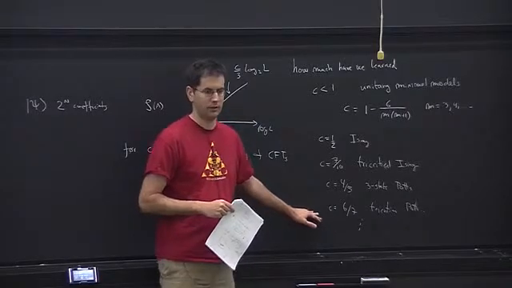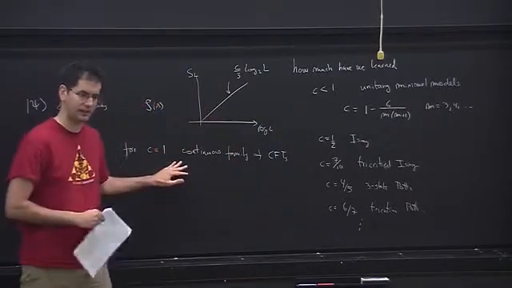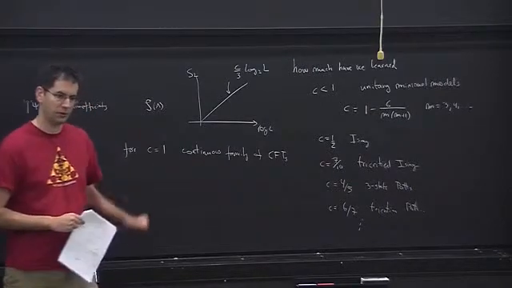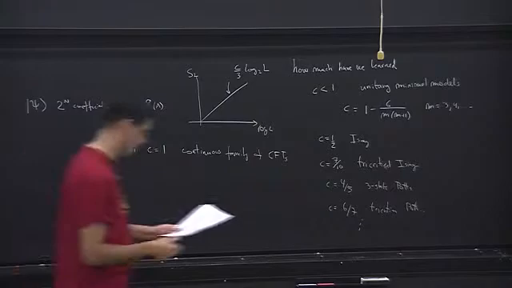But for c equal to 1, there are many CFTs or universality classes compatible with c equal to 1. So the entanglement entropy generically will only give us partial information about the universality class. It's good, but it's not complete.